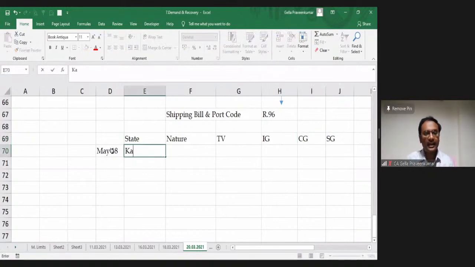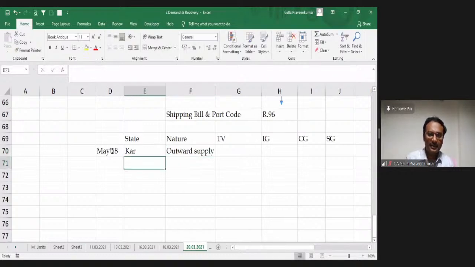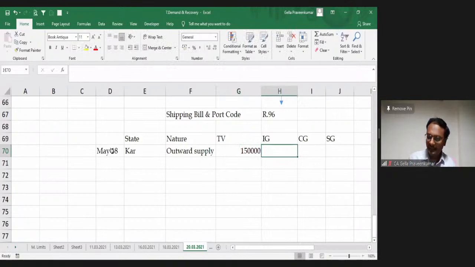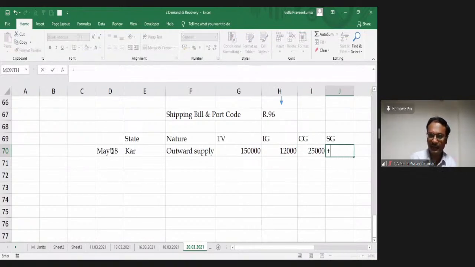So state Karnataka, supply, outward supply. And my taxable value is 1,50,000. Say IGST is just, I'm putting hypothetical figures. Don't worry with the rate of tax. So I'm going to say 25,000 and 25,000.